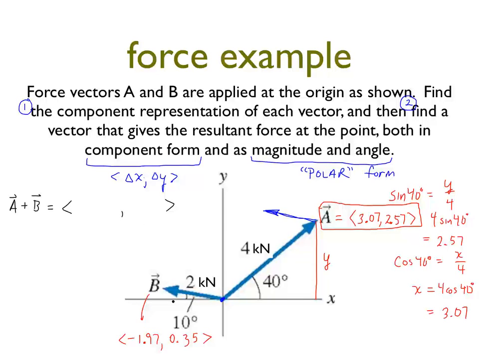What do we get for x? 1.09, thank you. And 2.92. And so let's draw this and see if those numbers make sense. So here is our resultant. Something like that is our resultant force vector. A plus B is the same as this vector here.